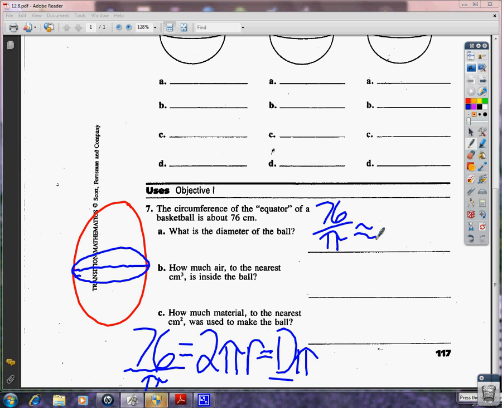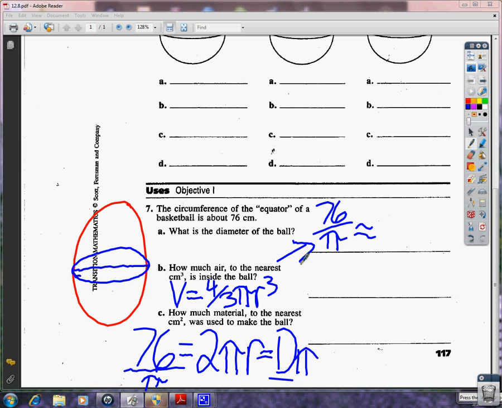For B, how much air to the nearest centimeters cubed is inside the ball? Well, I suggest you do volume. So you have volume equals 4/3 pi with radius cubed. Okay? We know the diameter.